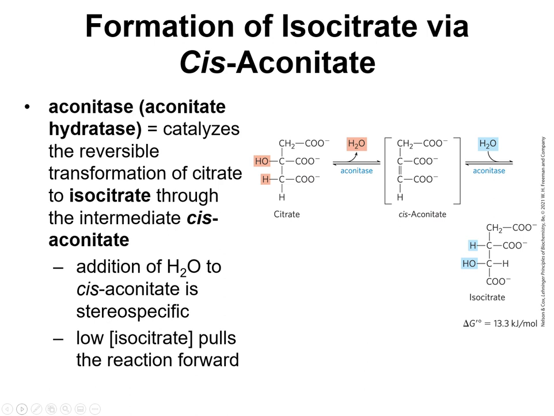There's a very low concentration of isocitrate, and that pulls the reaction forward. So you'll kind of notice that trend. The oxaloacetate concentration is low, and so that pulls the reaction forward to make oxaloacetate as kind of the last step of the citric acid cycle. So you'll see it kind of come around full circle.